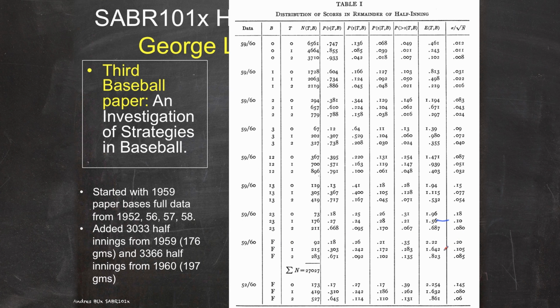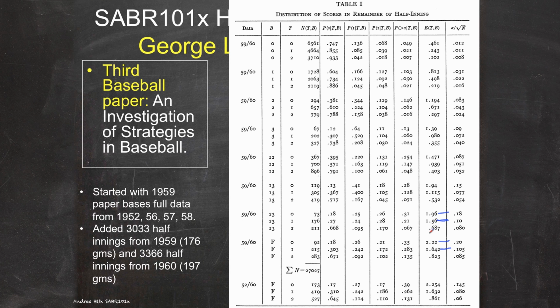Well, you've changed your expectations to actually scoring more runs in that case, and that may not be the best strategy. The same thing with man on second and third, 0 outs. You actually increase the expectation of runs by doing that. So this is the kind of analysis on situation that Lindsay does.